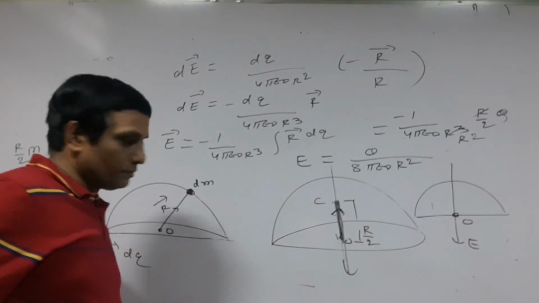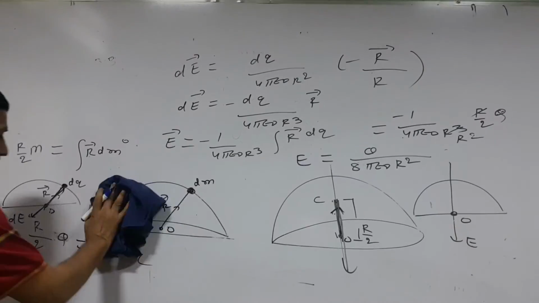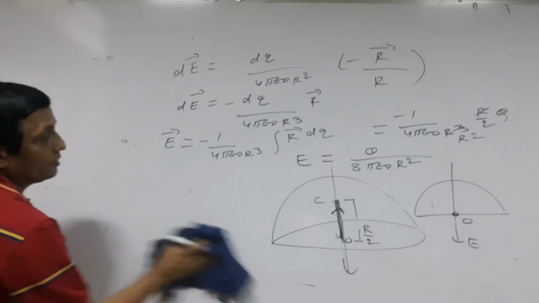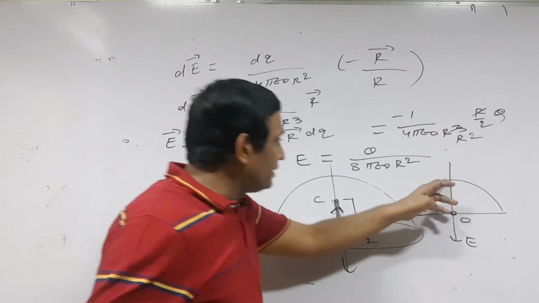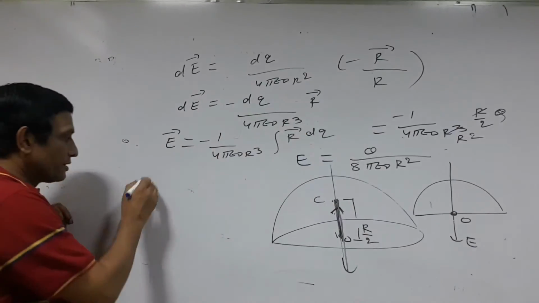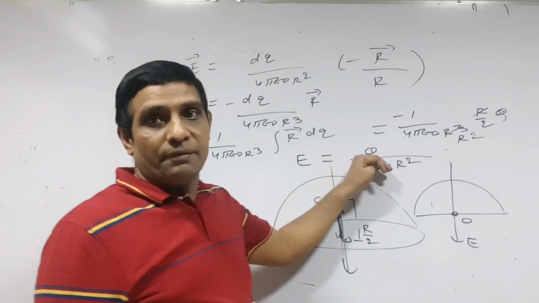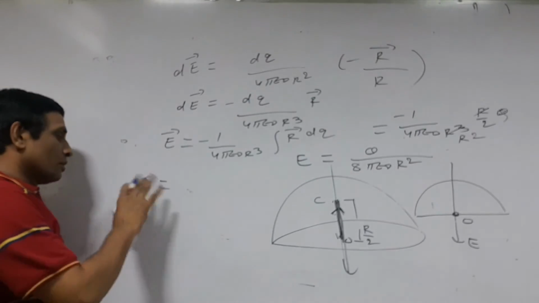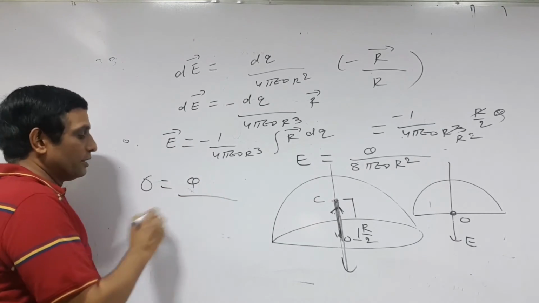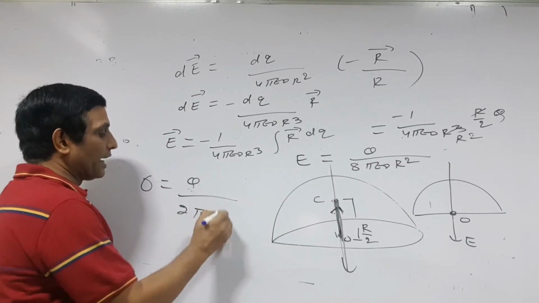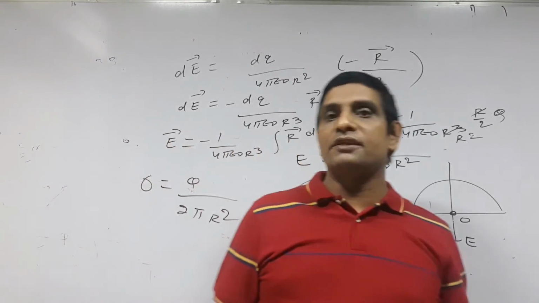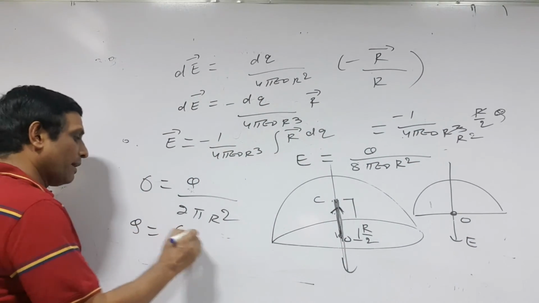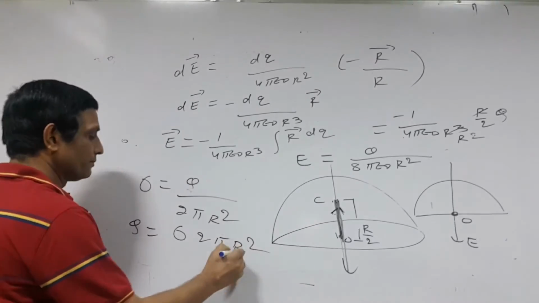Now this electric field will be in this direction, but here Q is not given. So by the concept of sigma, sigma is Q by the area, and the area of the hemispherical surface will be 2 pi R square. So Q will be sigma into 2 pi R square.